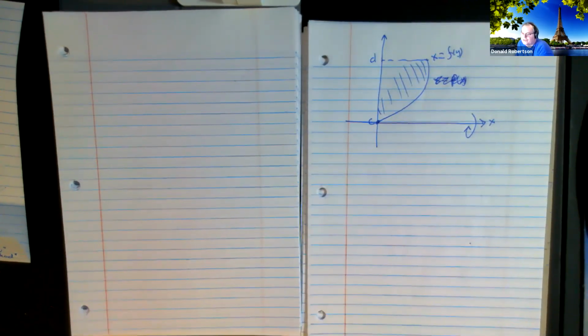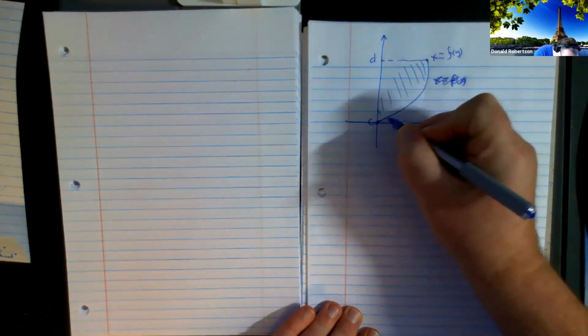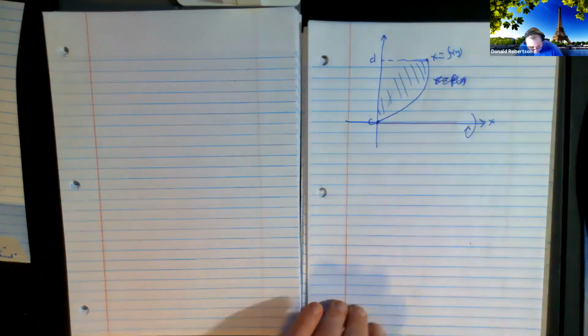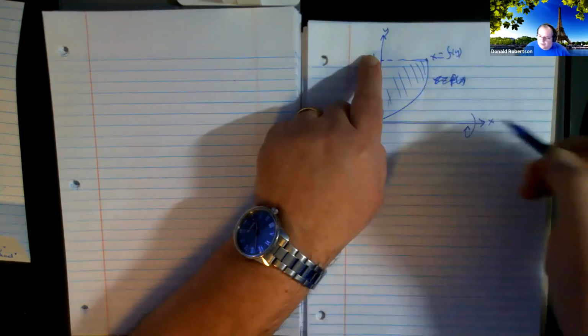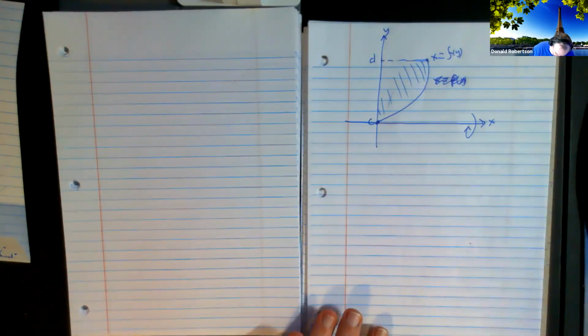Suppose, it's not very clear. Suppose you wanted to use the shell method to rotate this area, right, from y equals c to d, but you want to do it about the x-axis.